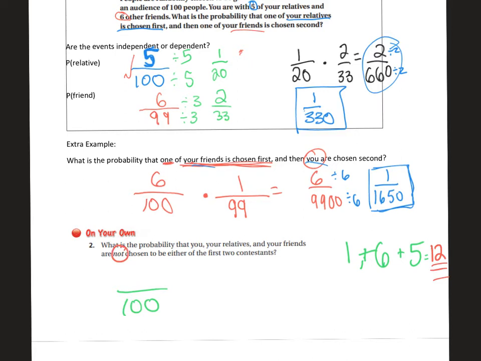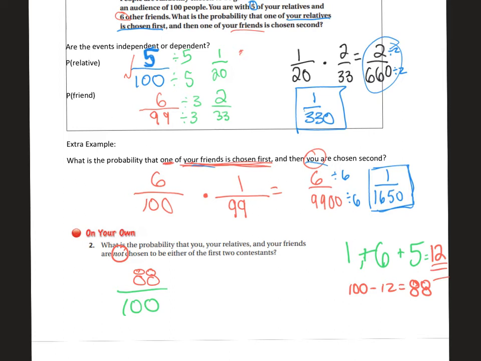Okay, so you actually want to take that 100 and subtract 12 to get 88 of those people in the stands that are not either you, your relatives, or your friends. Okay, so 88 out of 100 people are not you, not your relatives, and not your friends.